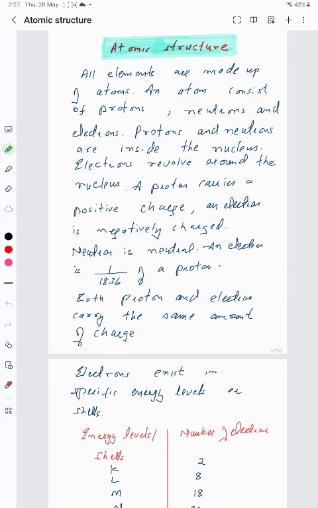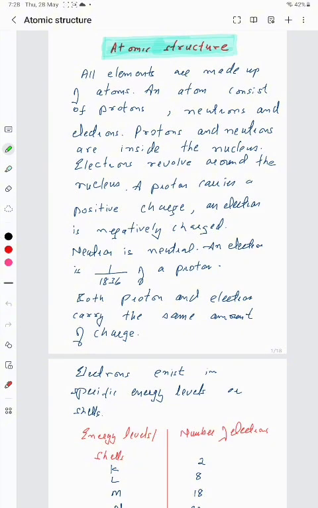And if you compare the sizes, one proton is 1836 times bigger than an electron, or you can say an electron is 1 over 1836 times of a proton. This 1836 is sometimes rounded off as 1840, and in some past year papers I found 1836 as 2000.